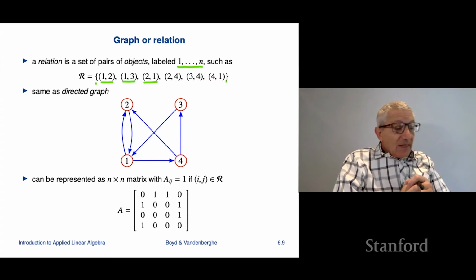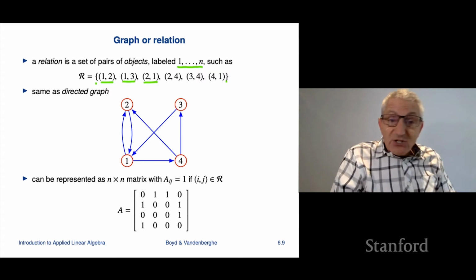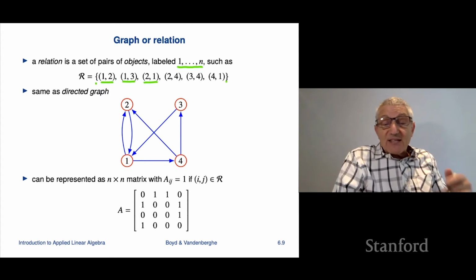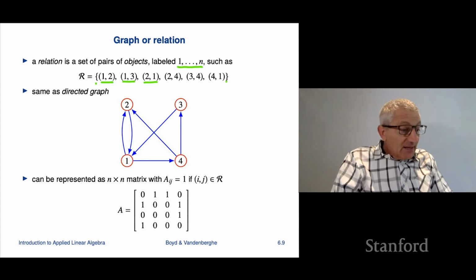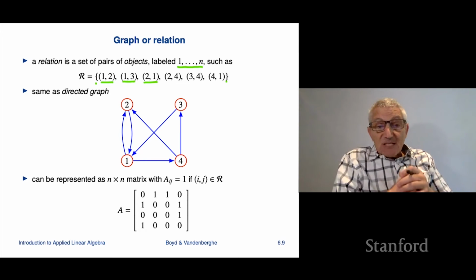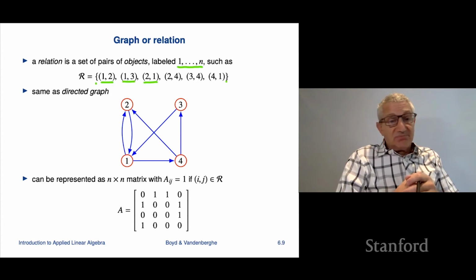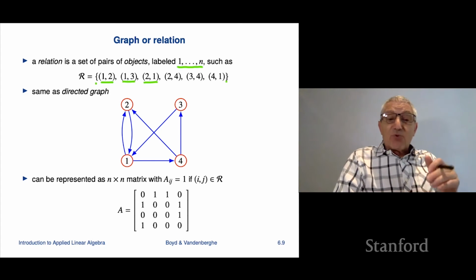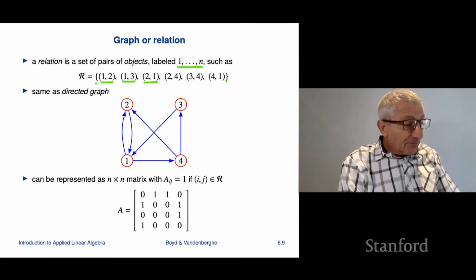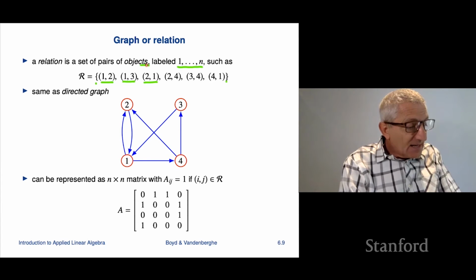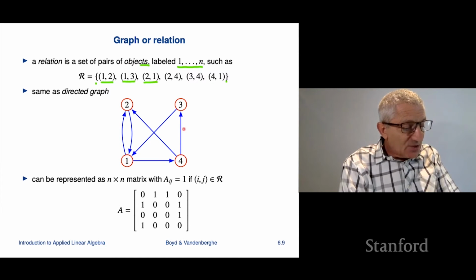Now a lot of times people will write a relation or visualize it as a directed graph. If you haven't seen this before, I hope you'll see it again in other classes, but I'll be very informal here. With a graph, you think of the objects as what are called vertices or nodes.